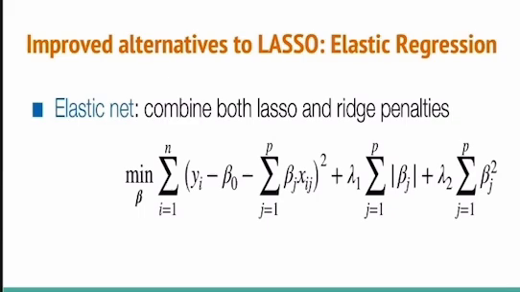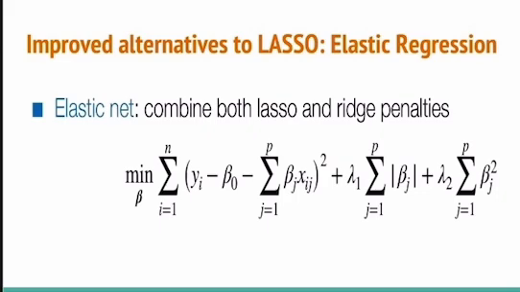Because of the disadvantages of ridge and lasso: lasso struggles with correlated variables. Ridge could make our model noisy because it's still going to retain all the features in the model.